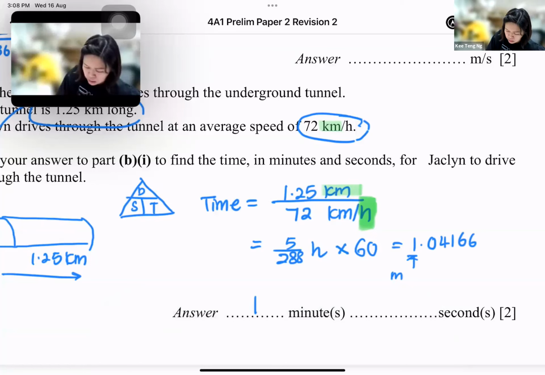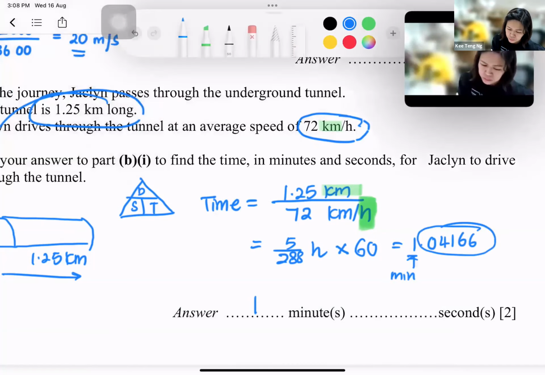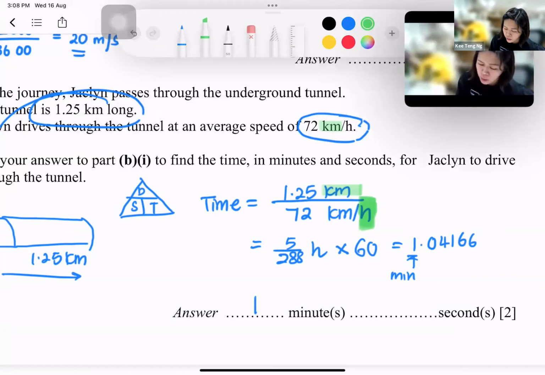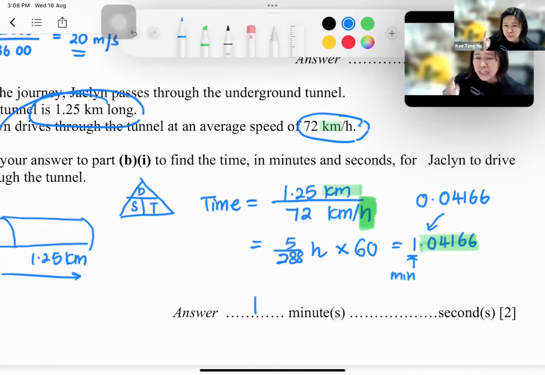Here is the minute. But this portion over here is in seconds. How am I going to find this in seconds? It's not 0.4 second. The decimal portion is 0.04166 of a minute.